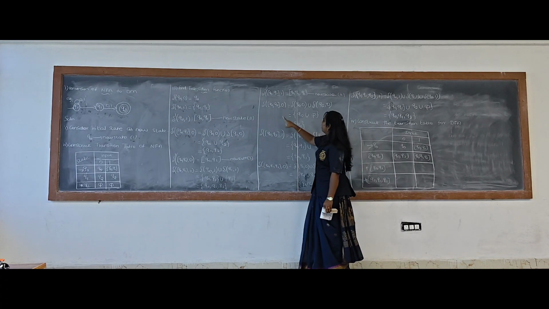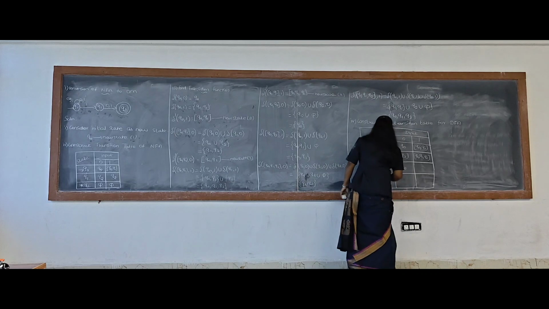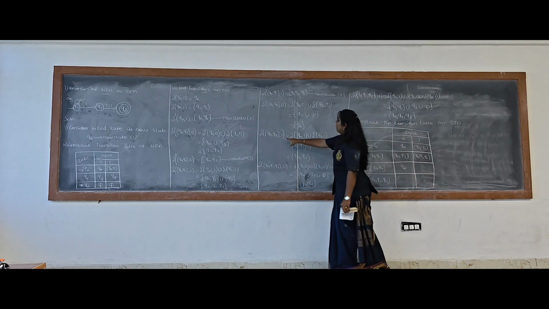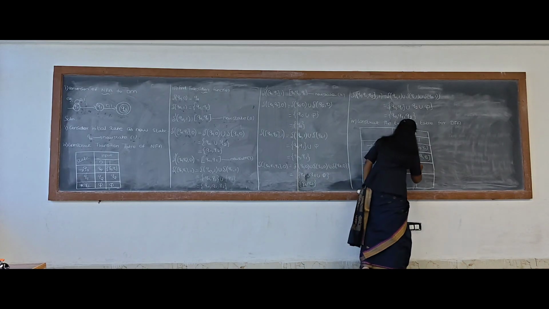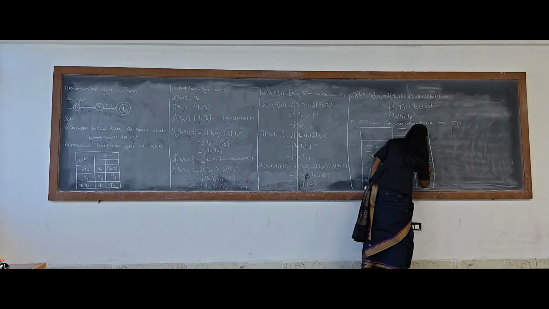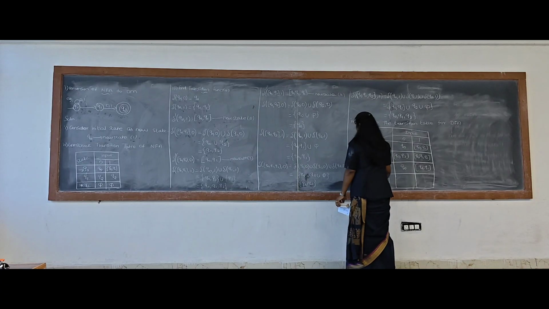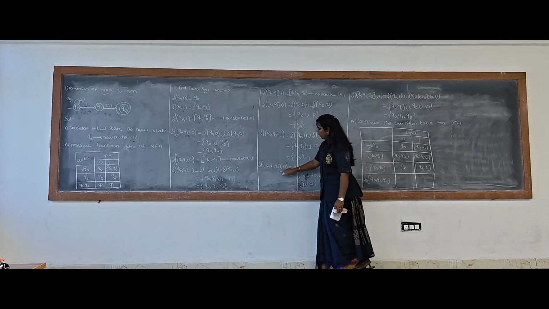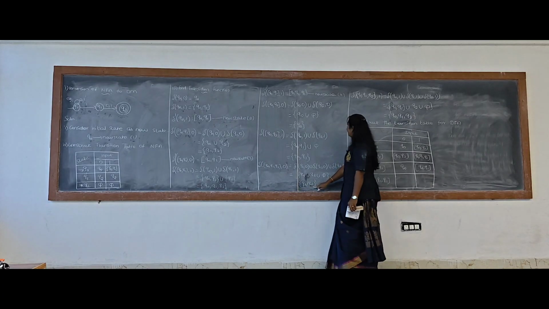And next, Q0 Q2 reading the input symbol 1 will move to Q0 Q1. Next Q0 Q1 Q2, reading the input symbol 0, will move to the state Q0 Q2.